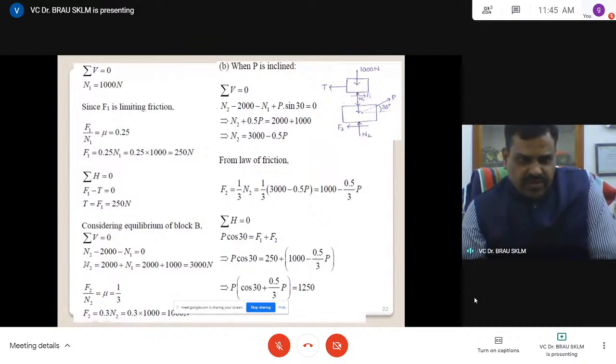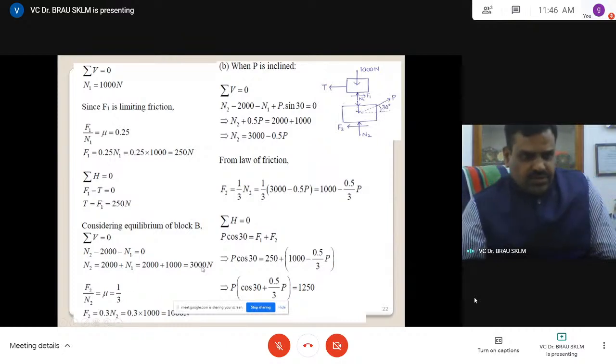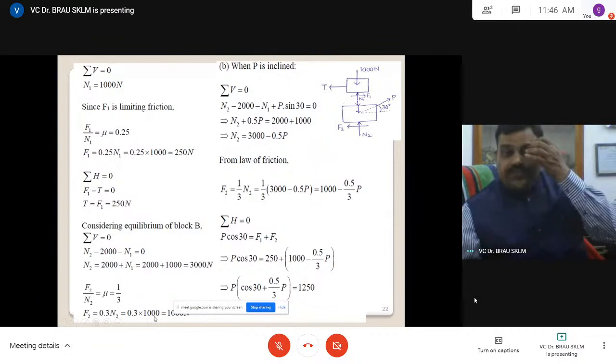Once you have the normal reaction, the frictional force between the floor and block B is equal to mu times the normal reaction, or the ratio of force by normal reaction is friction. This is given as an input. N2 is known, so F2 is equal to 0.3 into 3000. This is how we get the value. This is actually 0.3 into N2, and N2 is 3000.